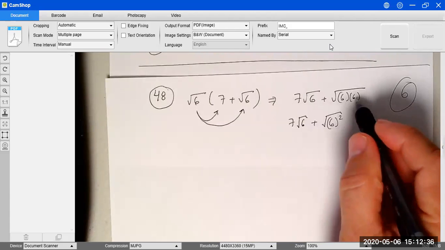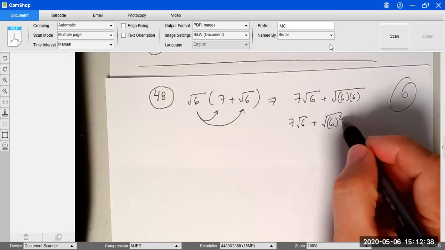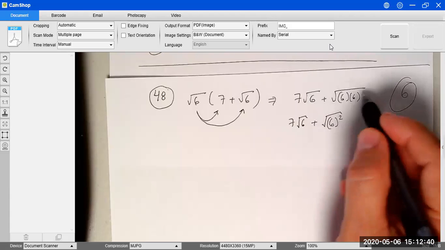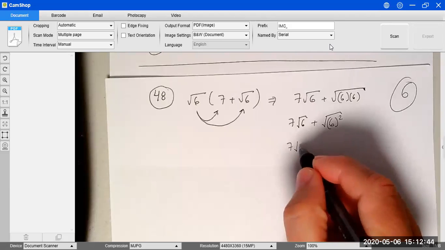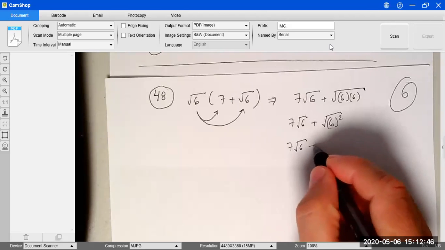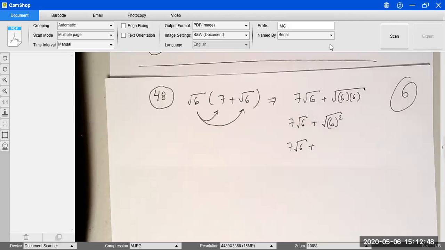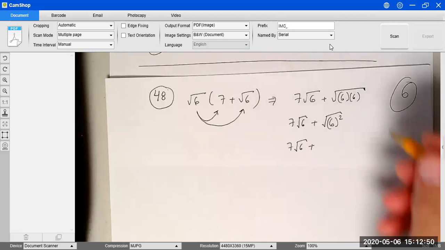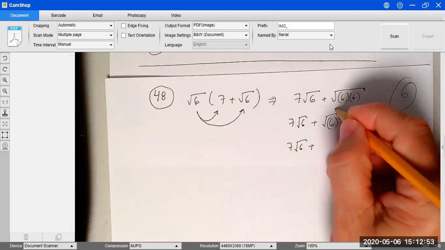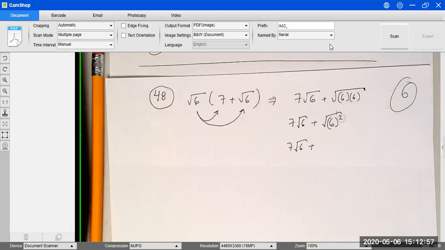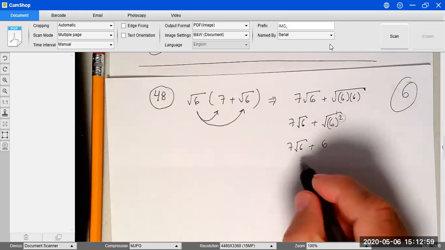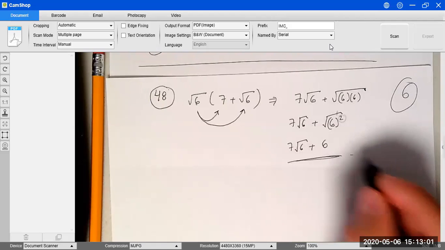So 6 times 6 is 6 squared, and the radical remains there. So now you're going to have 7 times radical 6 plus, and now you can see here that this radical cancels this exponent, so you end up only with 6, and that's the final answer.